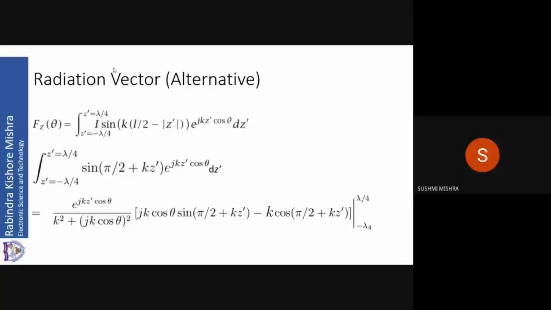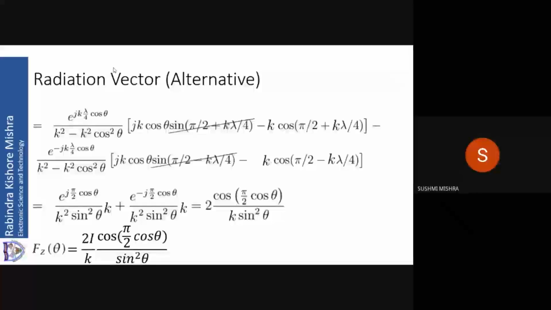Using that, we will get this value. In the denominator, we will get k square plus jk cos theta square whole, into c, which is jk cos theta, then sine of pi by 2 plus kz dash. Then minus b, which is k, so minus k cos of pi by 2 plus kz dash. Limit is minus lambda by 4 to lambda by 4.